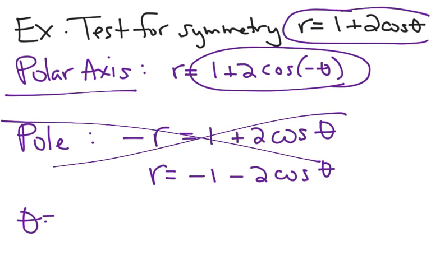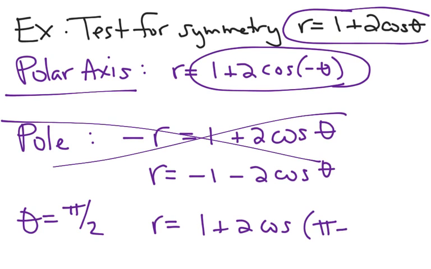And then I check over the line theta equals pi over 2. So if r is equal to 1 plus 2 cosine of pi minus theta, and that gives you the same graph, then they're symmetric.